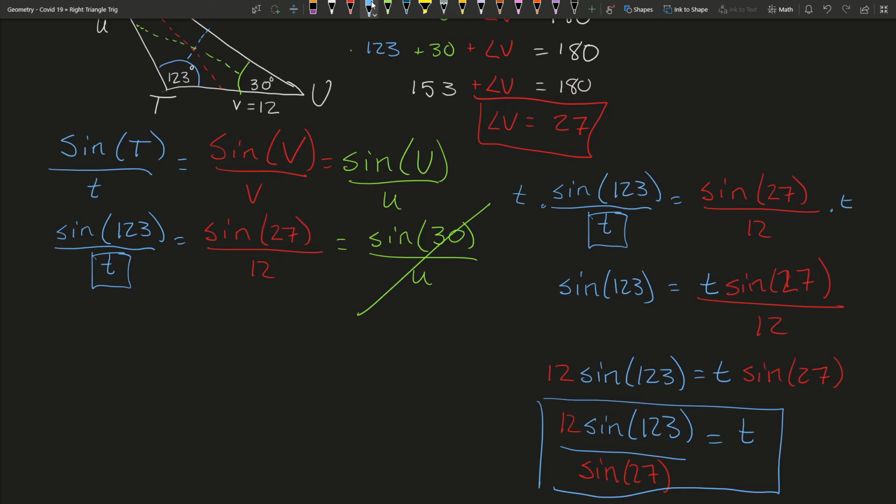And then we get t by itself. We have t is equal to 12 times sine of 123 divided by sine of 27.